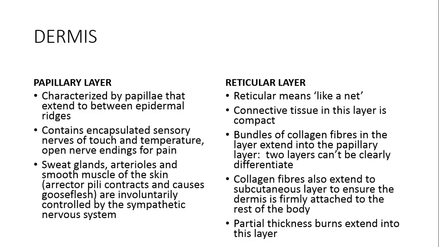So these two layers can't be clearly differentiated. Collagen fibers also extend to subcutaneous layers to ensure that the dermis is firmly attached to the rest of the body. Partial thickness burns extend into this layer.